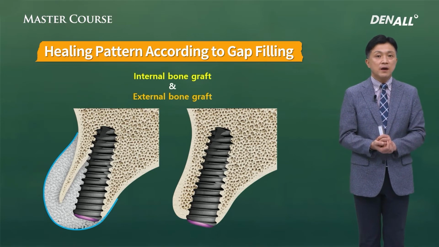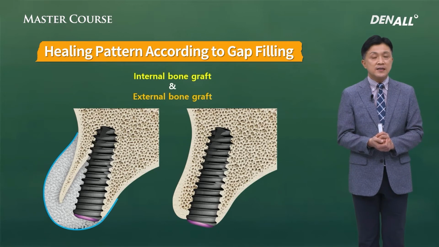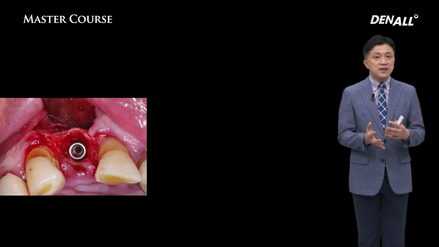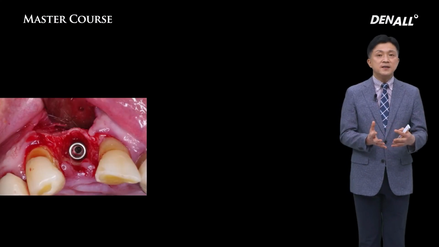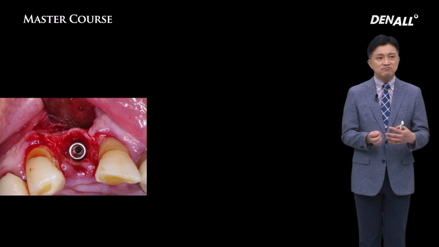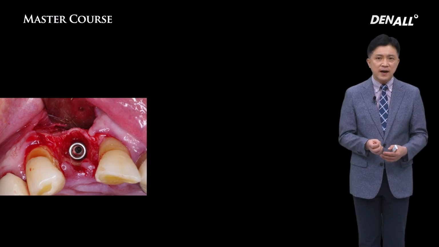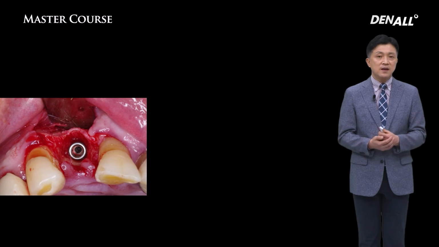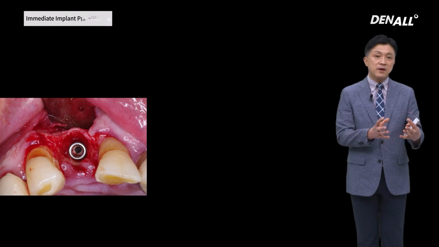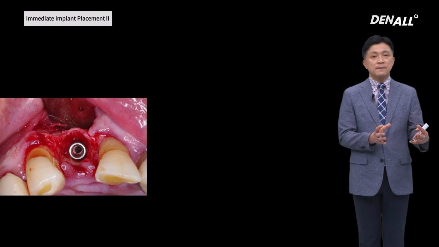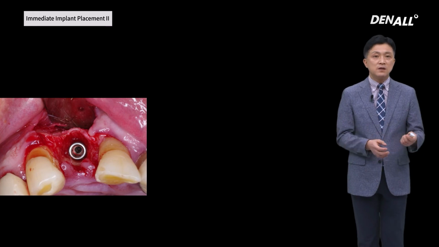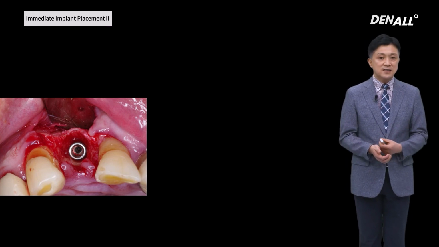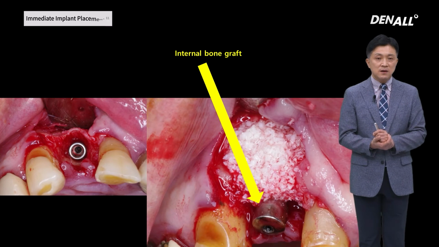You need to always consider gap filling. In my case, I think you need to do it. It is crucial. When you do internal and external socket graft, you need to think of the material as well. In the case of internal bone graft, you graft inside the socket. As mentioned, it is more favorable to use allograft.